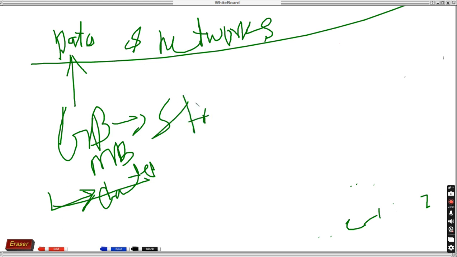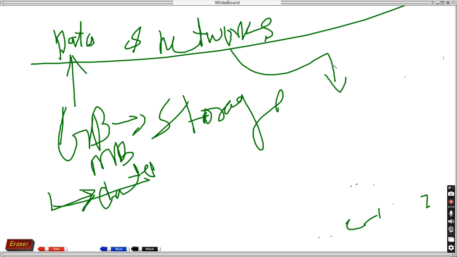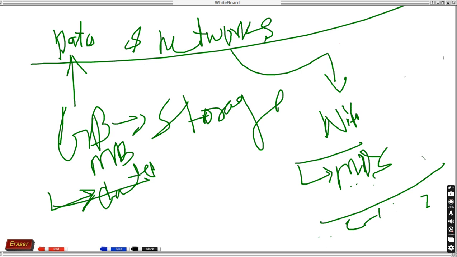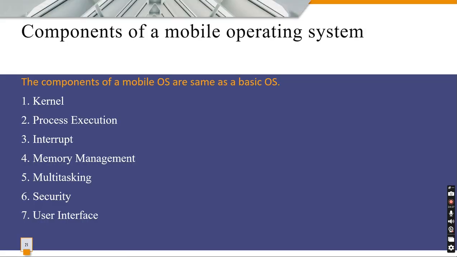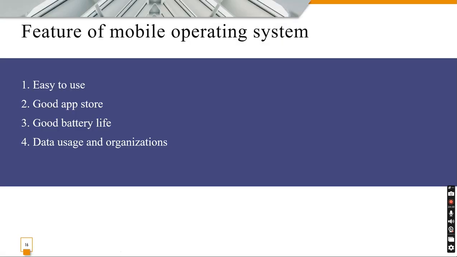You can say storage. And networks, like your Wi-Fi. These things are part of your mobile operating system. Data usage.